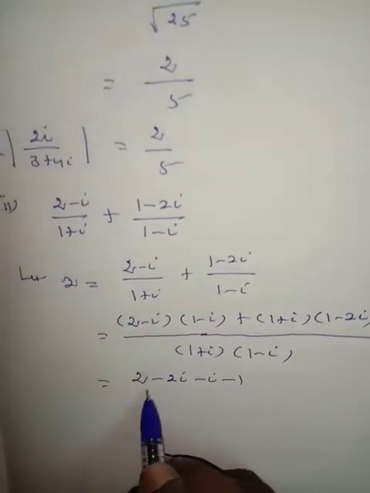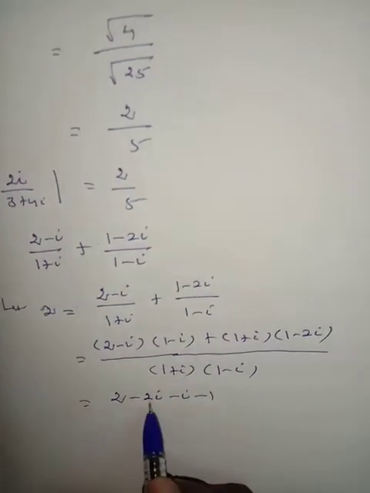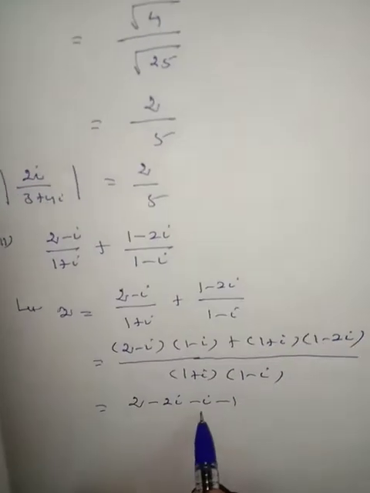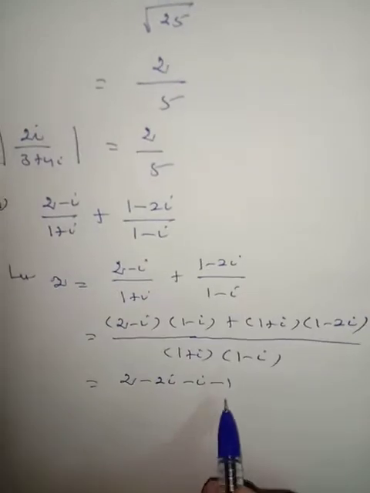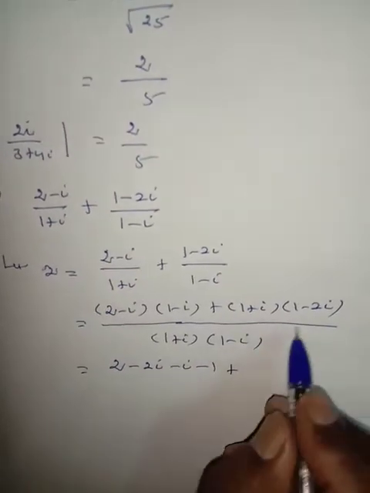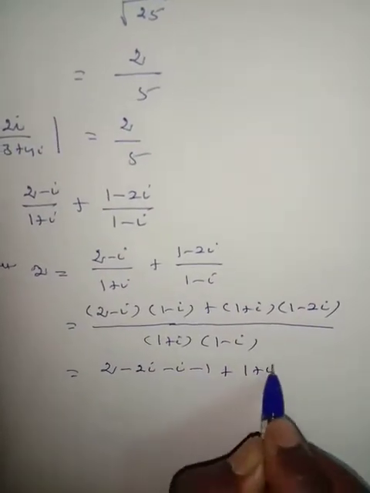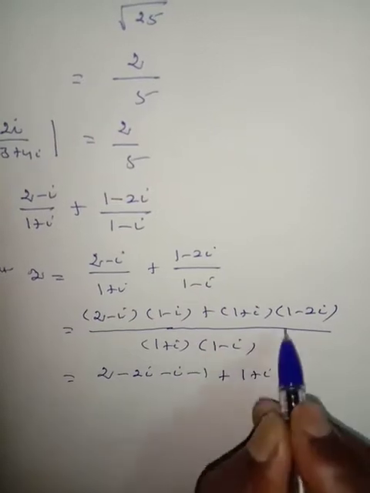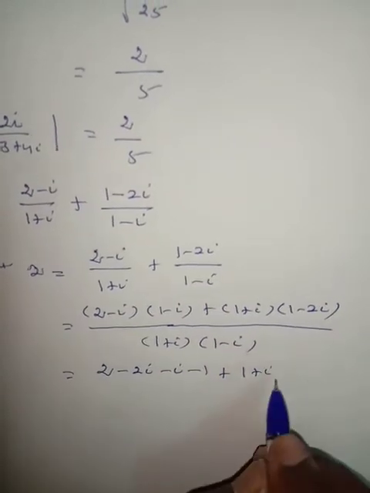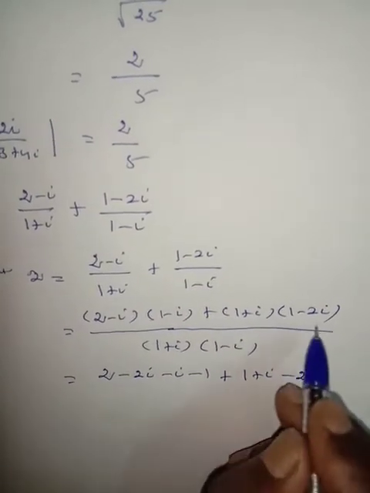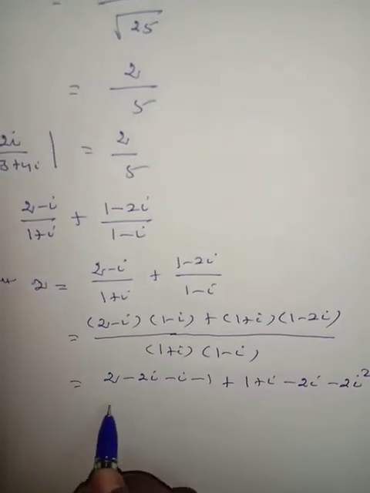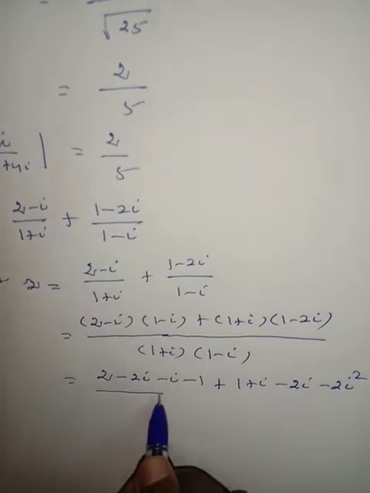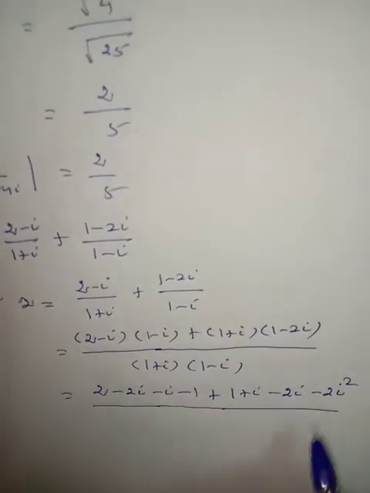Next (1 + i)(1 - 2i): 1 into 1 is 1, 1 into minus 2i is minus 2i, i into 1 is i, i into minus 2i is minus 2i squared. The denominator is (a + b)(a - b) = a squared minus b squared.